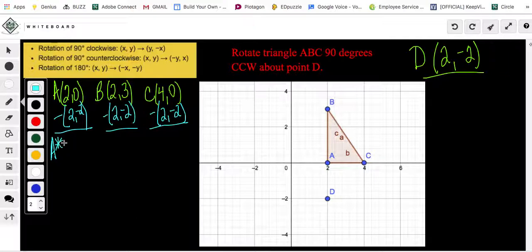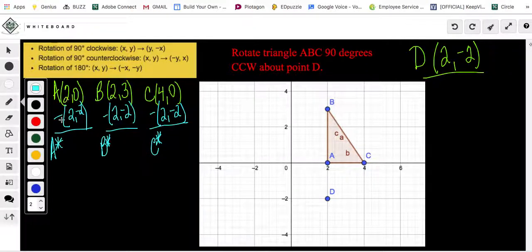That's not a true mathematical term, and neither is pretend numbers, but that's to help you remember, okay? So here we're going to subtract to find our pretend points. I'm going to put a little star by them because we need to remember that this is not our final answer. This is not our A prime. This is just our second step.